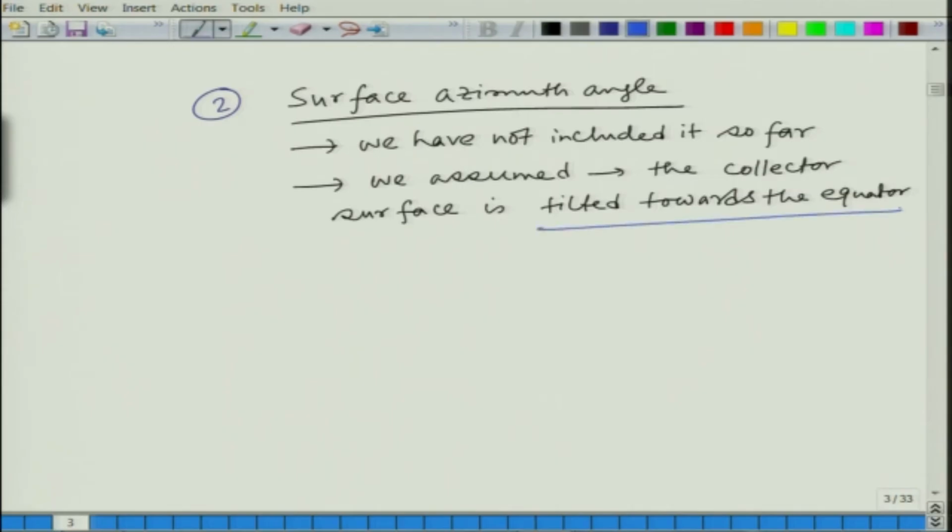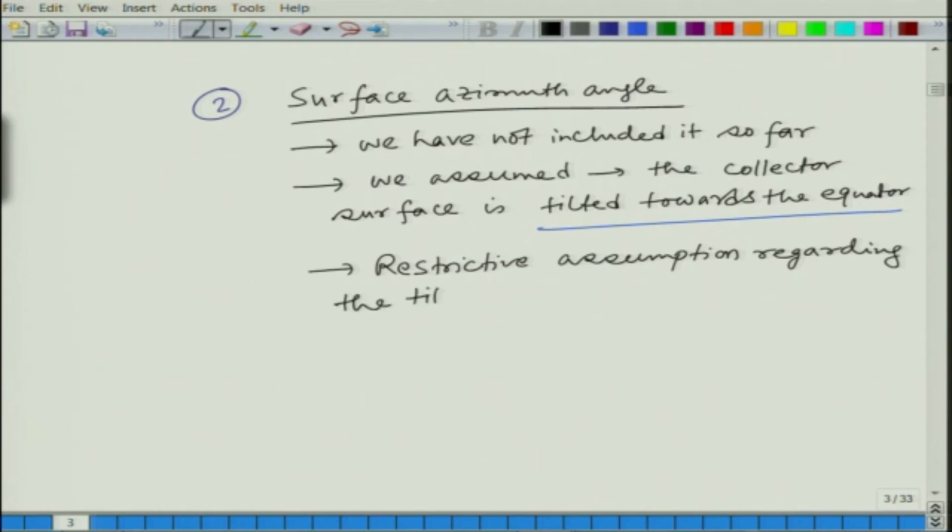That means we have a restrictive assumption regarding the tilt or orientation of the collector surface.